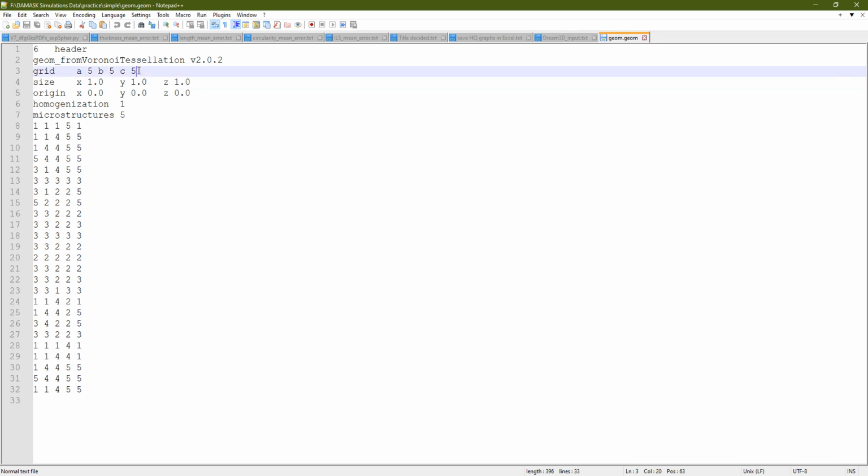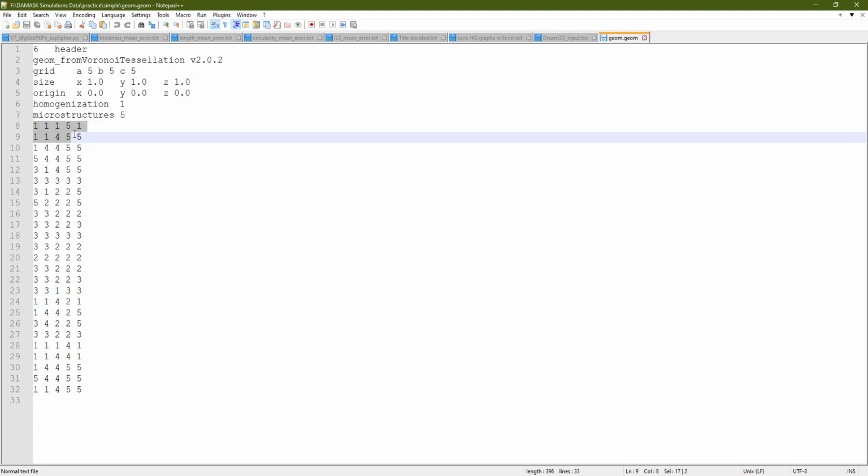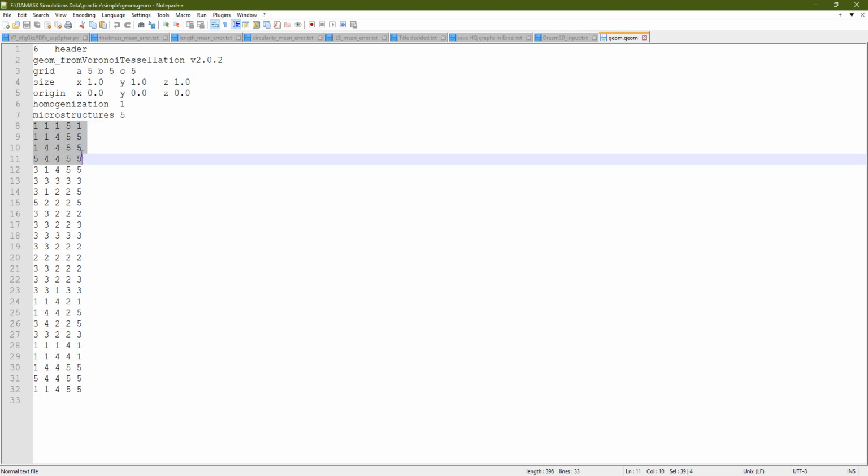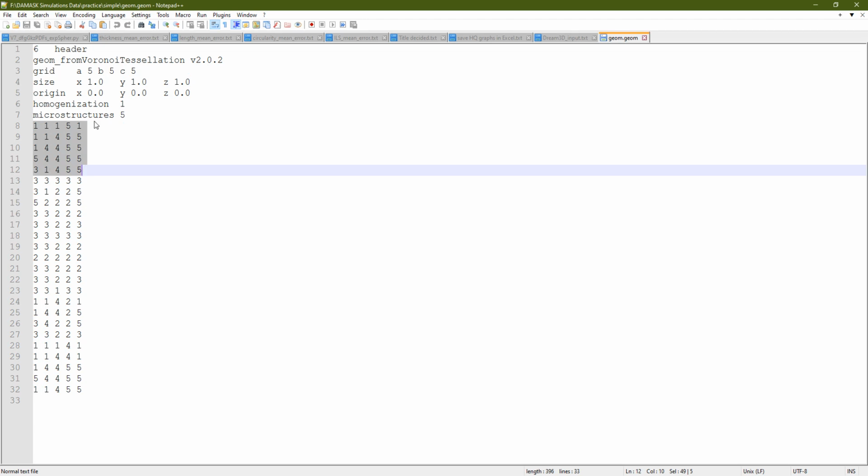So now you will see that in this file it is a 5 by 5 by 5 file, which means 5 boxes in X, 5 boxes in Y, 5 in Z. If I start reading the file from here, 1 2 3 4 5, this is the first layer.